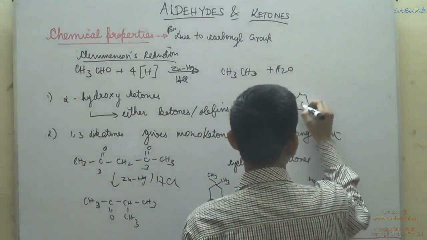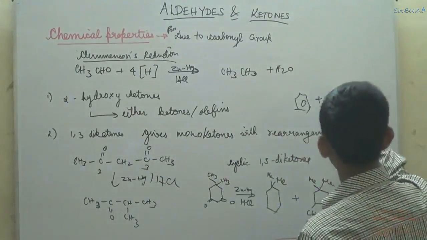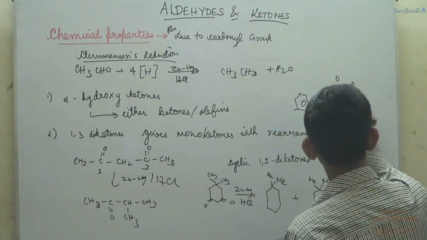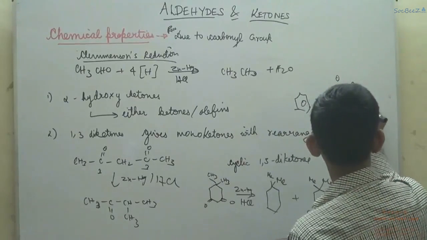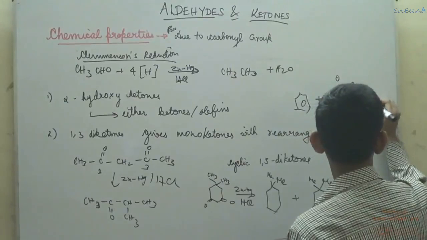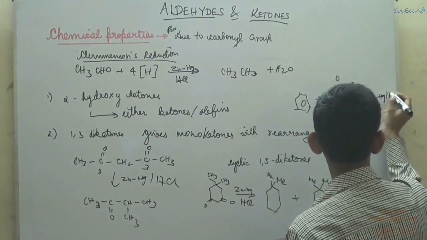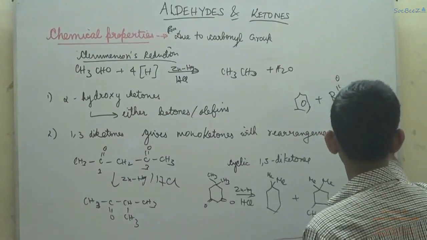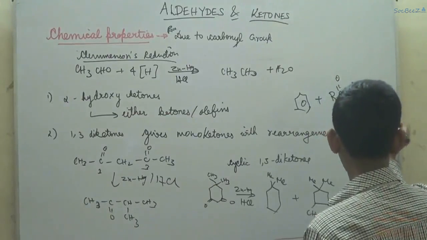Suppose this is this aromatic compound, and you add the acylating agent, then you get C double bond OR, and then if you do Clemmensen reduction, ZnHg by HCl, you get CH2R.